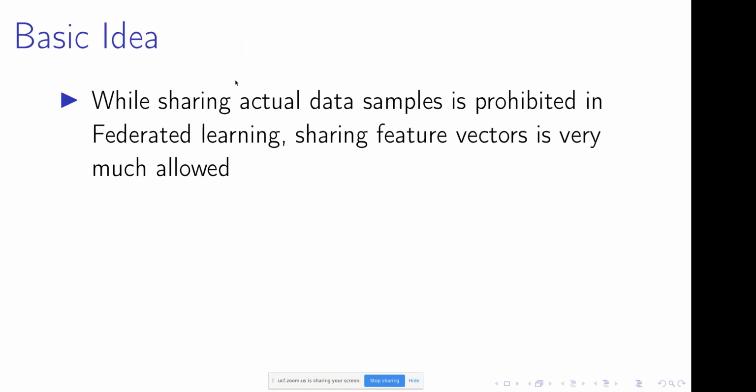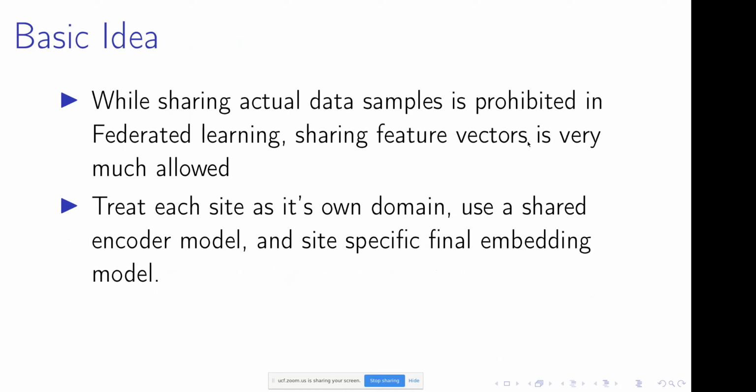So the basic idea that I had is, while federated learning does not allow sharing actual data samples, we can share feature vectors. Basically, I'm treating each site as its own domain using a shared encoder model and a site-specific final embedding model.